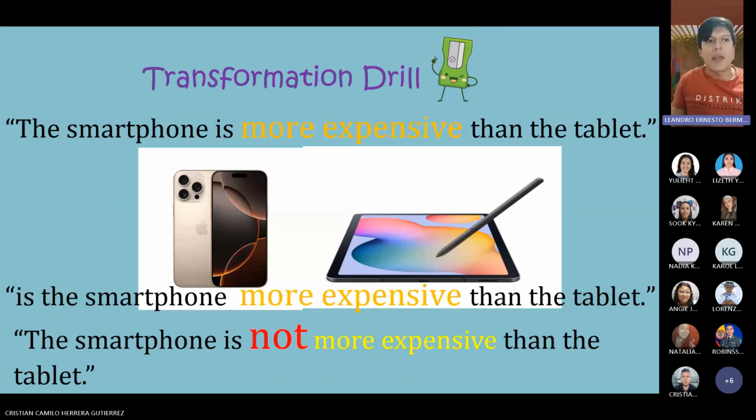Okay, now let's compare technology. For example, a smartphone and a tablet. Sorry. We start with an affirmative sentence. The smartphone is more expensive than the tablet. In the question, is the smartphone more expensive than the tablet?